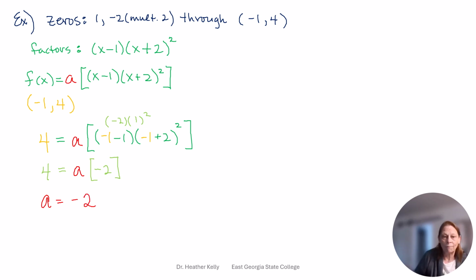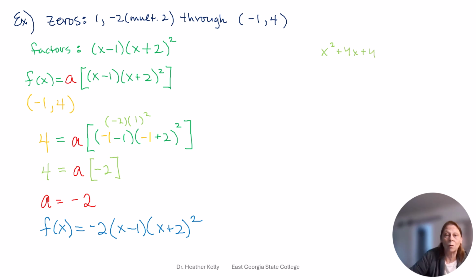And so our final answer here is f of x is equal to negative 2 times (x minus 1) times (x plus 2) squared. And if we were so inclined to FOIL that out, or if we were doing our homework, I guess that's what you guys are doing, so I'll FOIL it out here. I feel like I've done this already today.